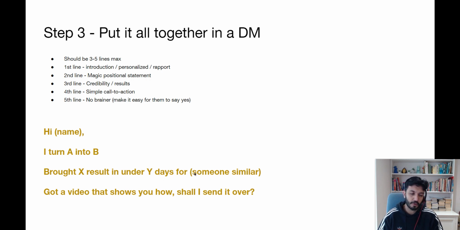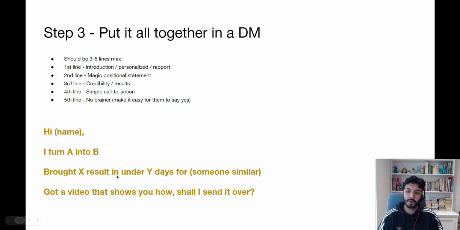So for example, if you're going after lawyers, let's use the SEO specialist. I turn low visiting websites into thousands of visitors per day that get email signups every day. It brought, let's say, then you get a specific result.